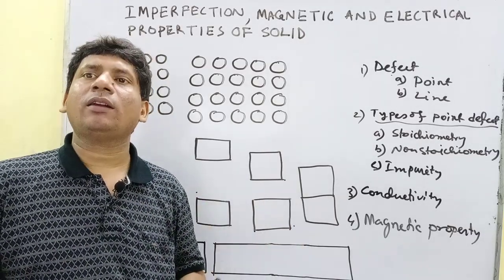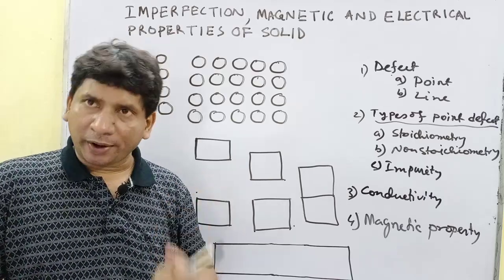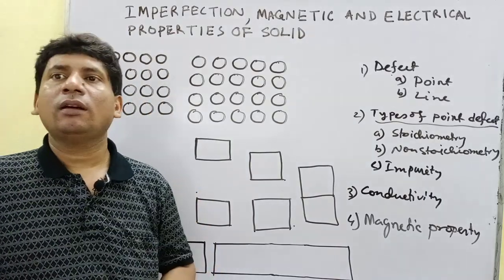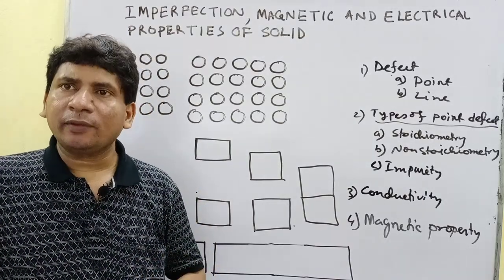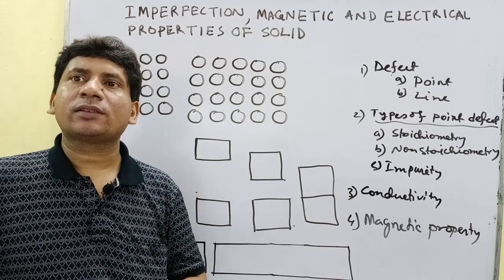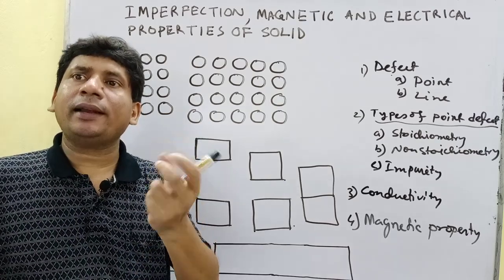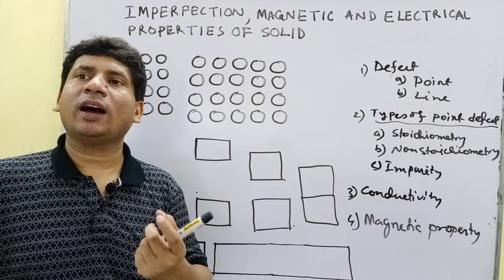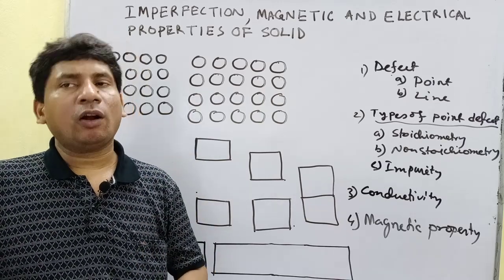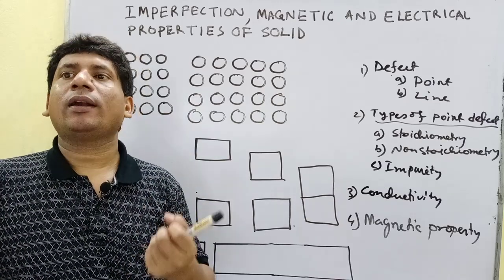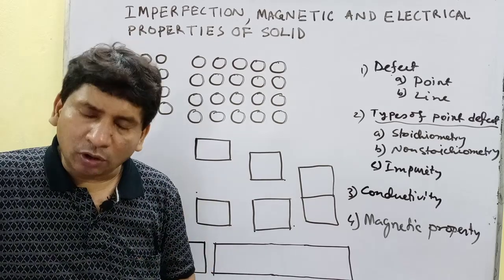So defects are of two types. One is point defects and another is line defects. What are point defects? Point defects are the irregularities or deviation from the ideal arrangement around a point or an atom in a crystalline solid.